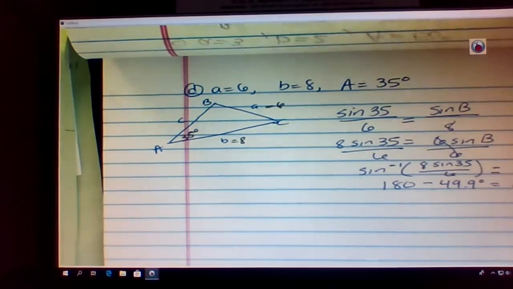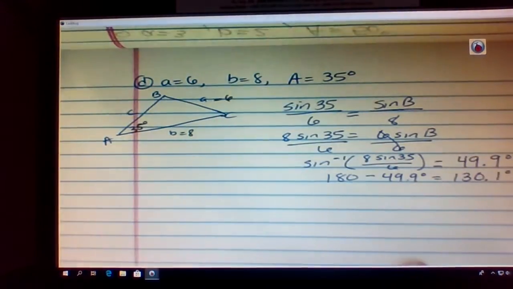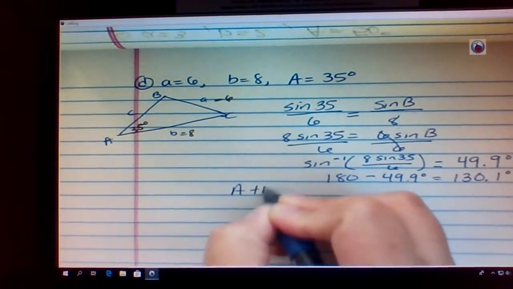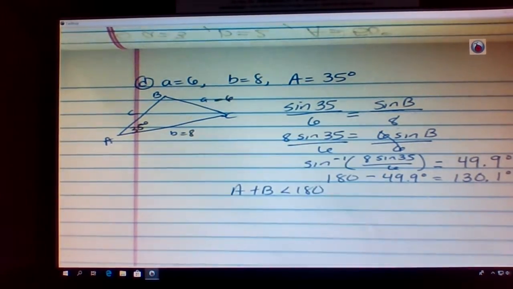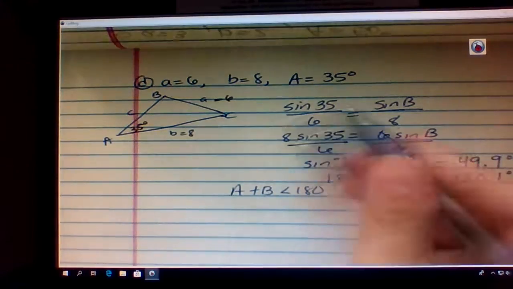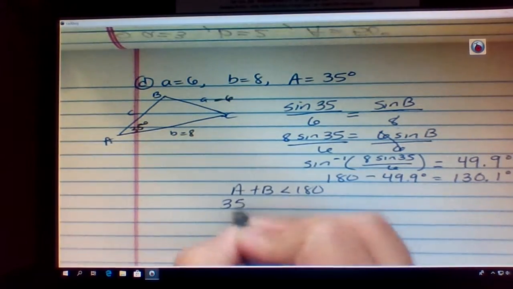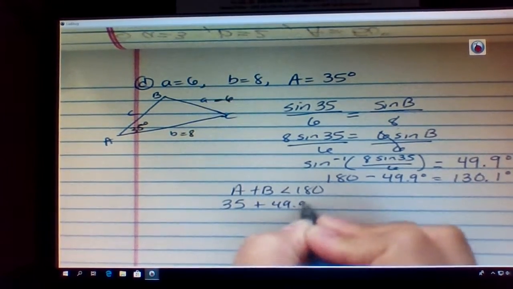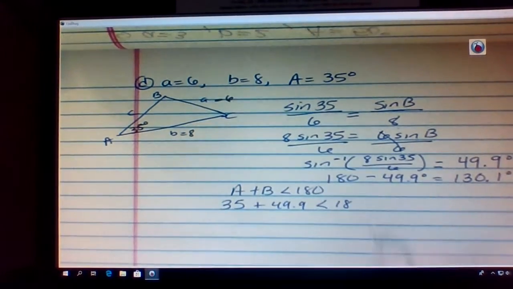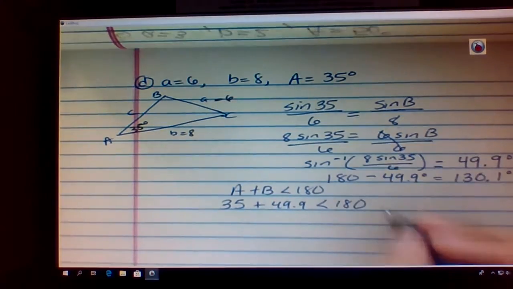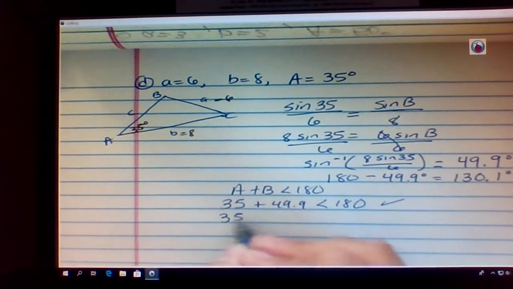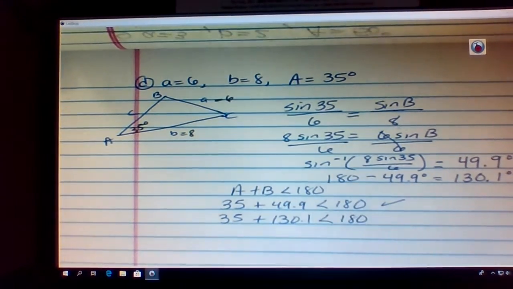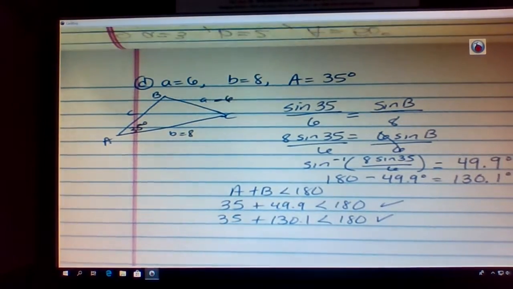So I need to check if both of those work, and once again, I need A plus B to be less than 180. Your A is 35 plus 49.9. Is this going to be less than 180? Yes. Now 35 plus 130.1, is this less than 180? Yes.